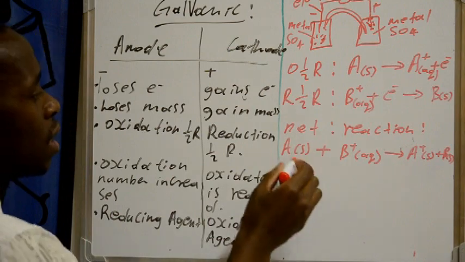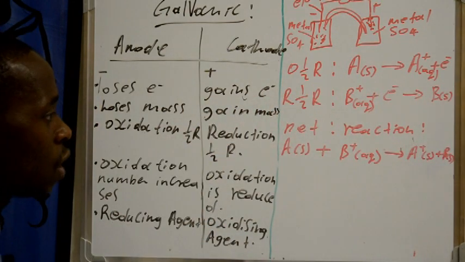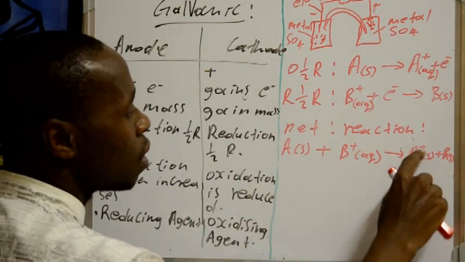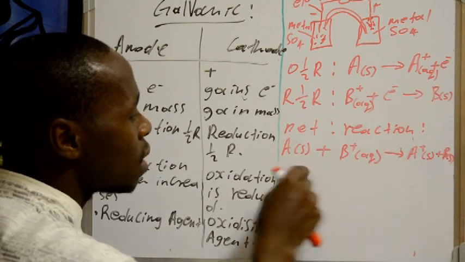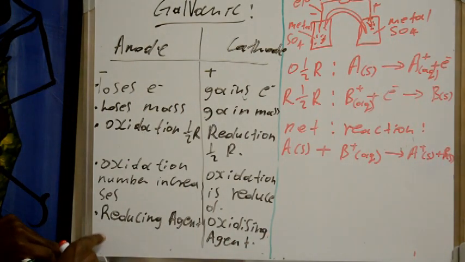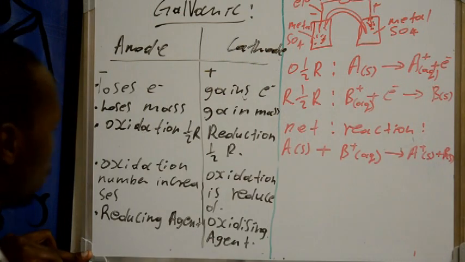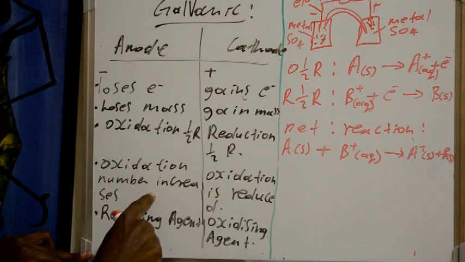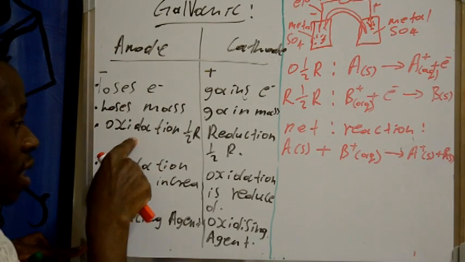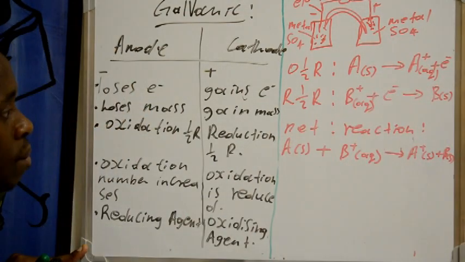When you look at this reaction, this is a net redox reaction. A solid goes from 0 to plus 1. So we see that A is oxidized, because the oxidation number increases, from 0 here to plus 1 there. So it happens at the anode. At the anode the oxidation half reaction occurs, increasing the oxidation number.